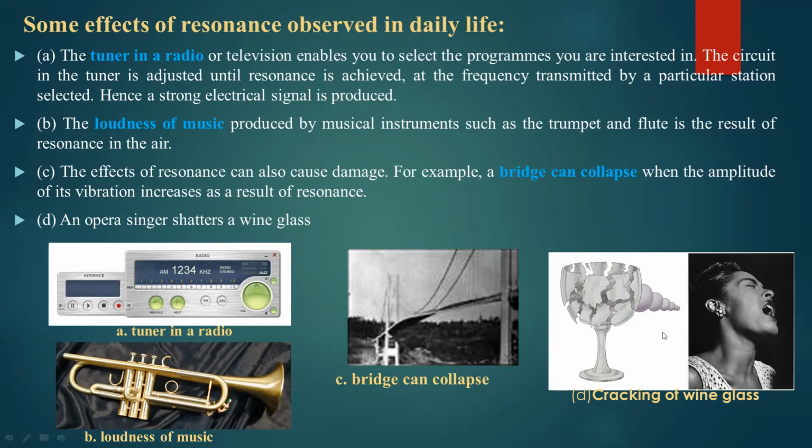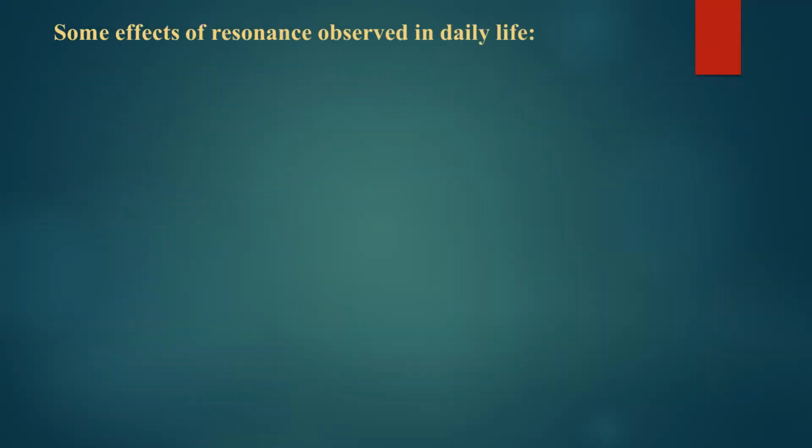Because of the resonance effect, the coincidence of the natural frequency of an object with the excitation frequency, the glass will break into pieces. The Narrows Bridge in the USA collapsed in the 1940s because of resonance. It did not last even for a long period of time. So these are some of the worst scenarios of resonance.